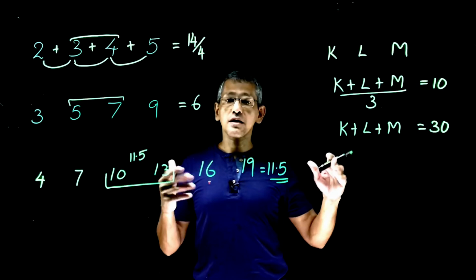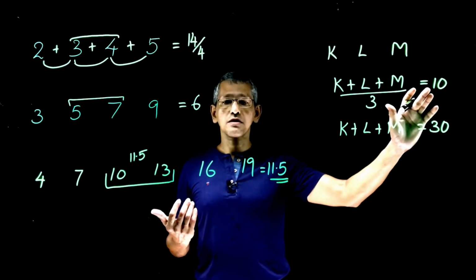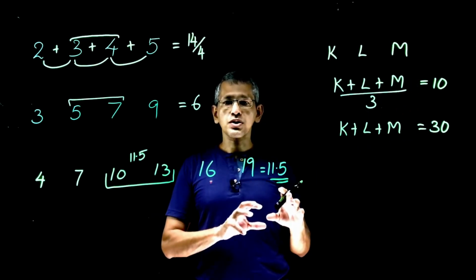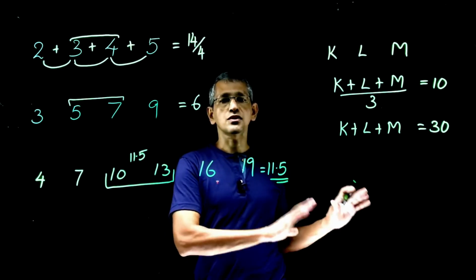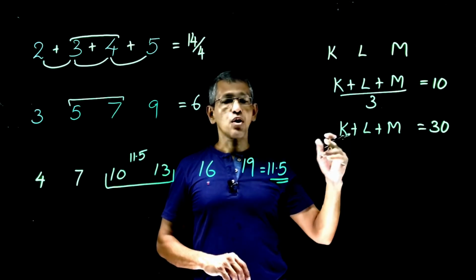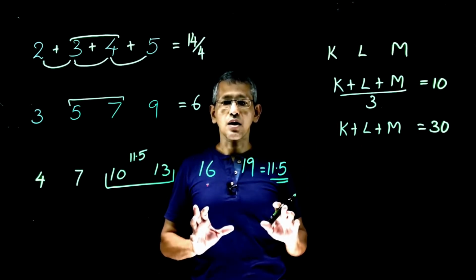Or that question can be asked in a different way. 10 kilograms is the average weight of 3 boxes, and a box having the weight of 10 kilograms is taken away from this group. So let's say the box M is taken away. The weight of that box M is 10 kilograms.